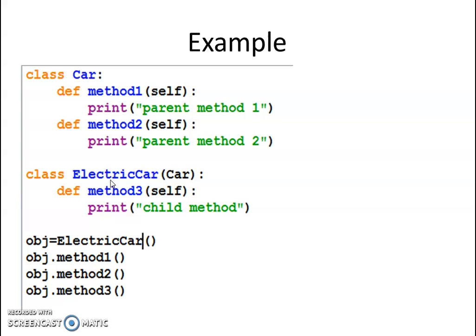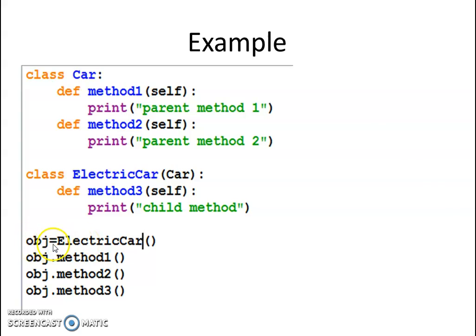So here car is the parent class and electric car is the child class. We have method 3 inside electric car, and it prints the statement child method.